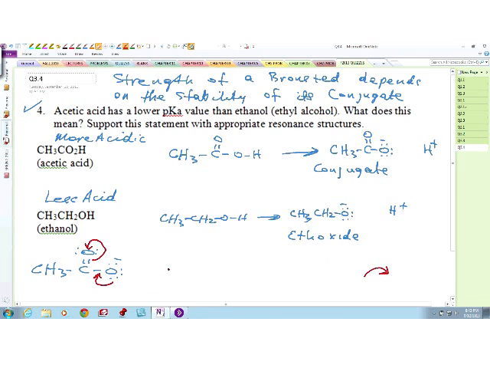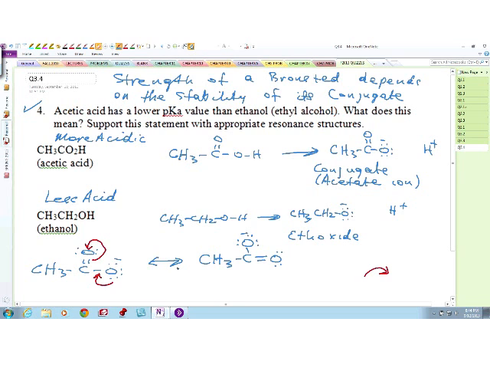Okay, so in that case, we now get the resonance structure of the acetate. By the way, we call it the acetate ion. Now this oxygen is negatively charged, and we have the pi bond to this oxygen.